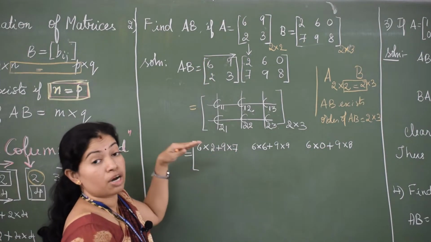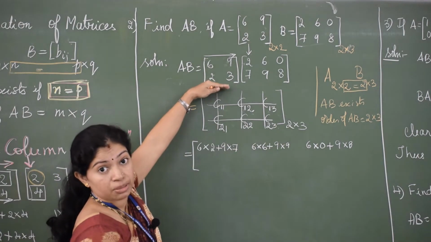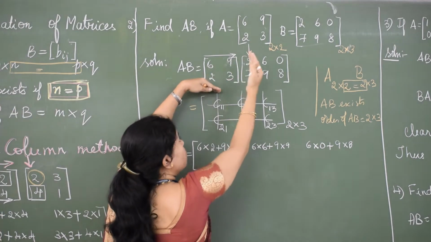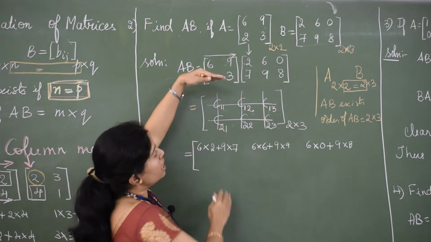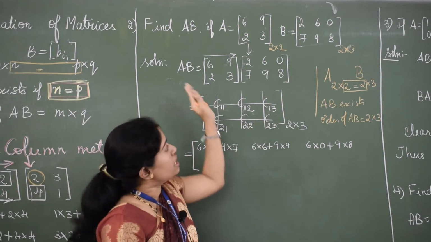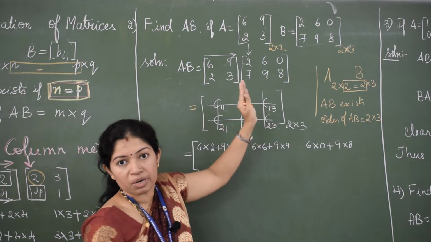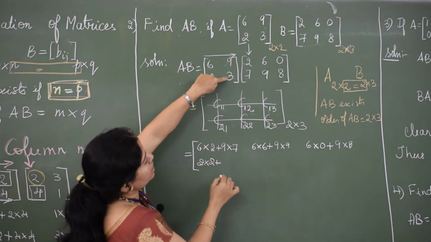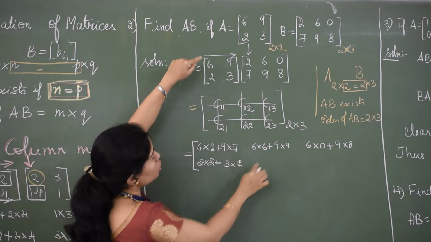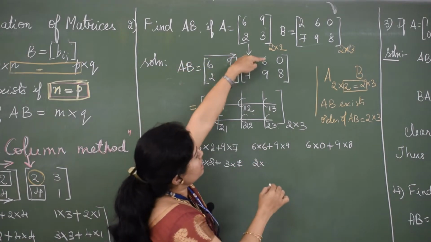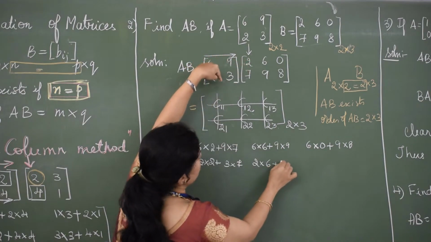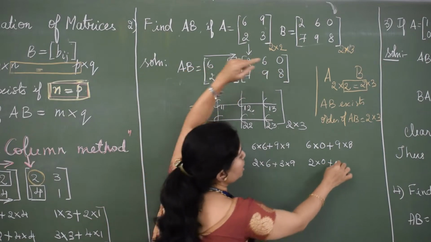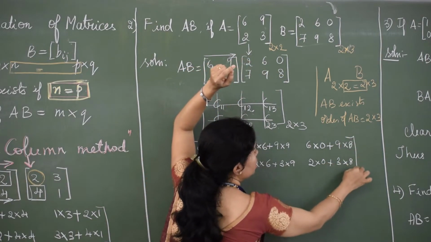Coming to the second row, you take the second row of the first matrix and multiply with the first column, second column, and third column. So 2 into 2 plus 3 into 7. Then 2 into 6 plus 3 into 9. Next, 2 into 0 plus 3 into 8.